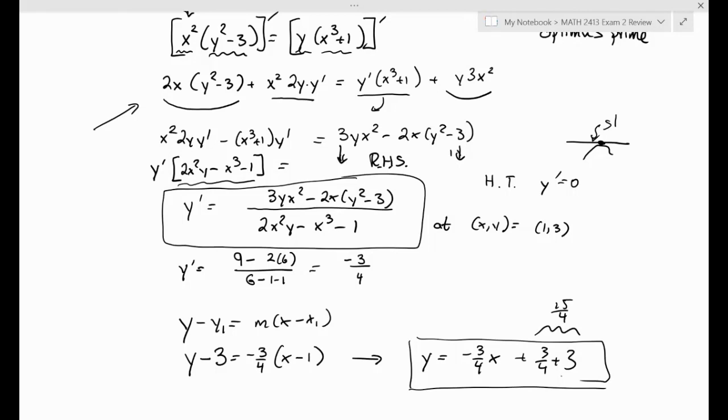So the first step of this whole problem is plugging x equals 1 into the equation? Yes, just in case they didn't give you the point. They might say, find the equation of the tangent line at the point 1, 3, and just give that to you. But if they don't, this is also useful for related rates.